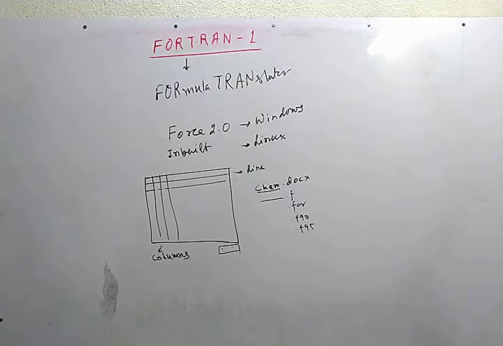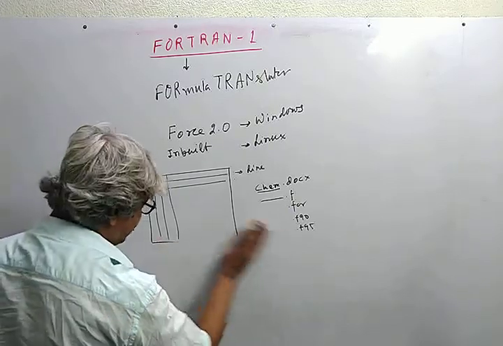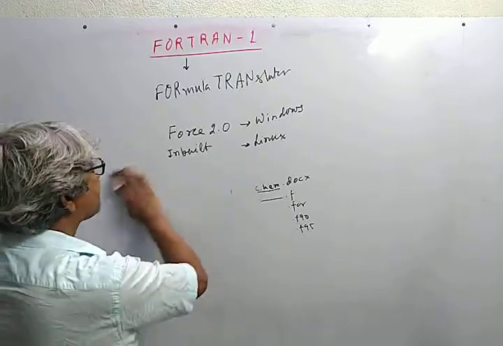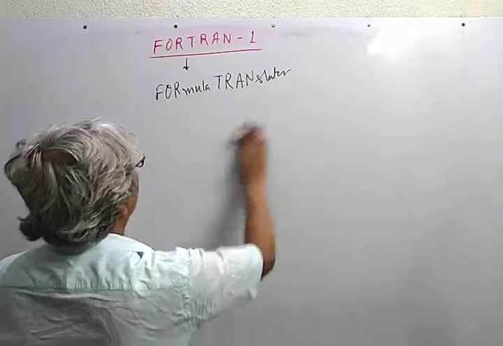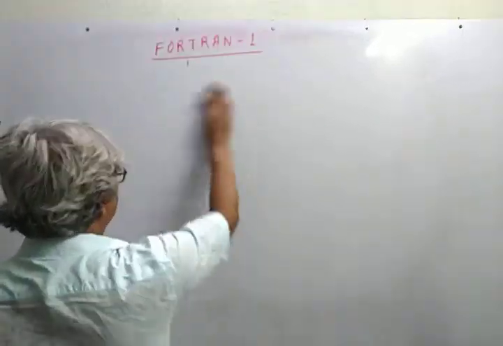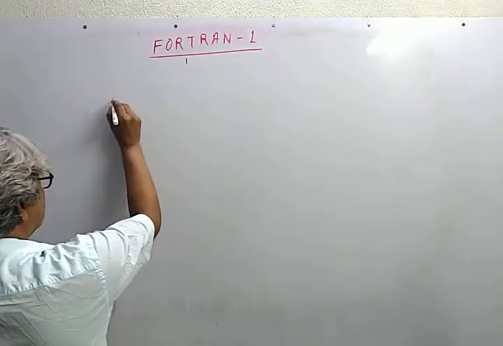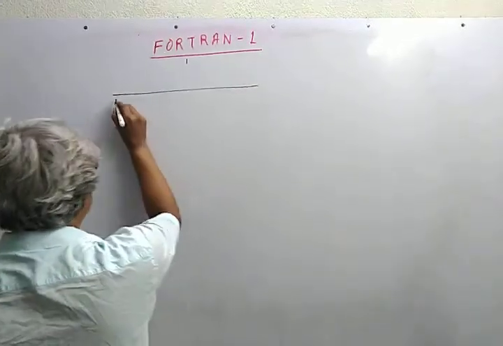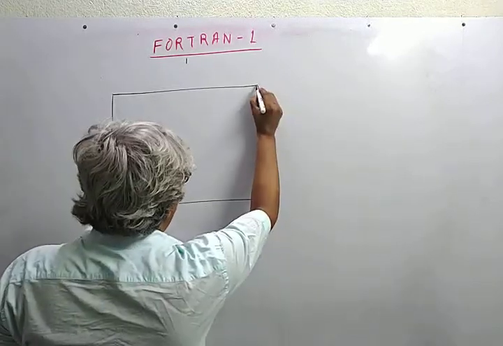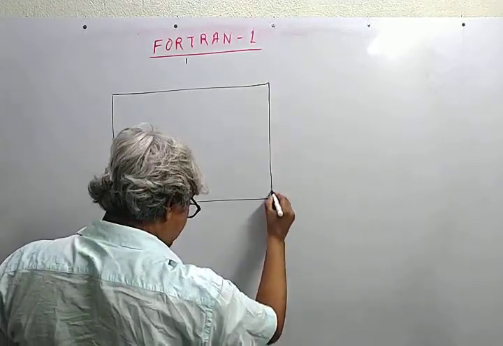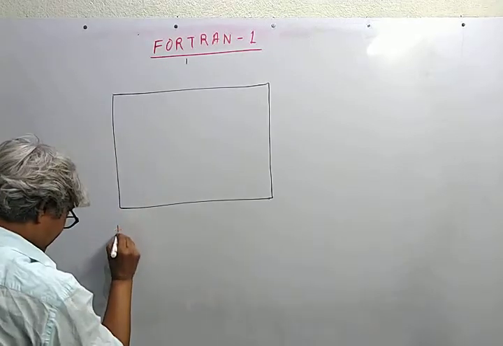So I understand that it is now clear how to open a file and to save a file. Once the file has been opened, you will have a screen which we call the line and column. I am confining my discussion to Fortran 77.